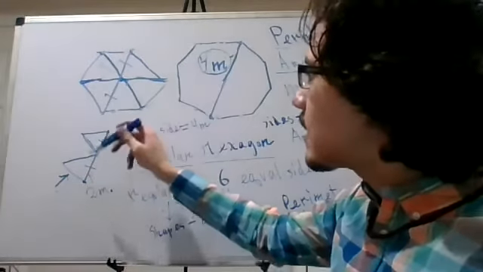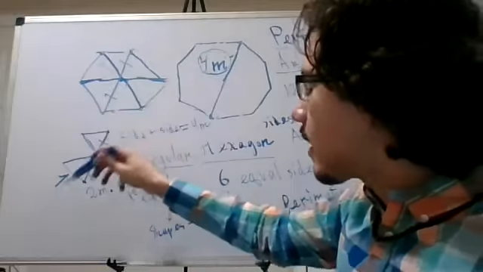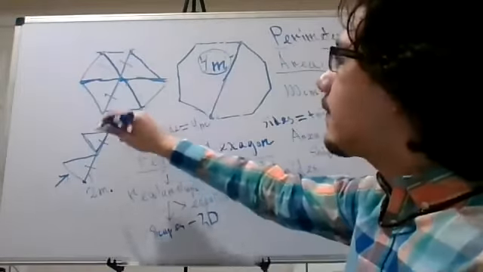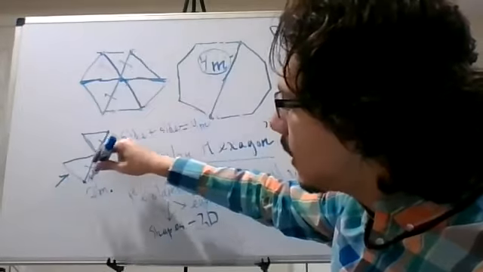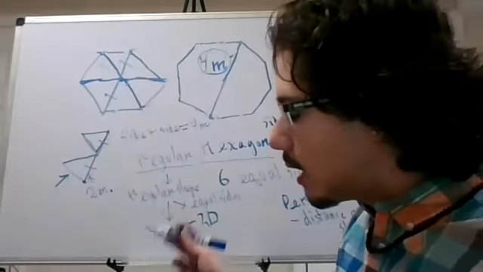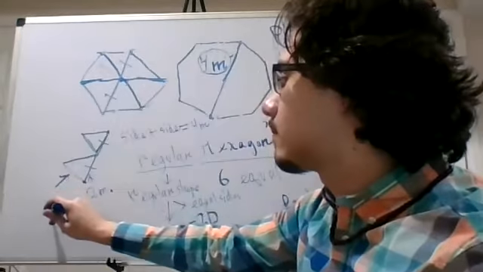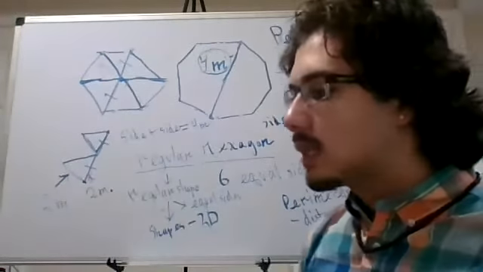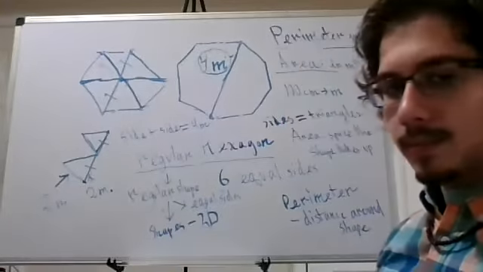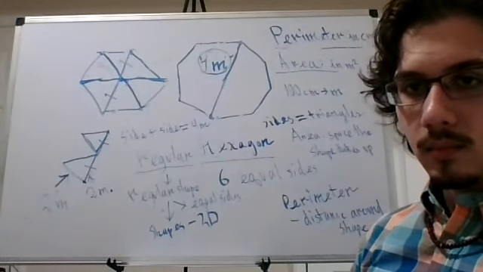So these triangles are perfect, so all their sides are the same. Since we found that the length of one triangle side is 2 meters, we could also say that this side is 2 meters. Does anybody have any questions? No, sir, I don't have any questions.